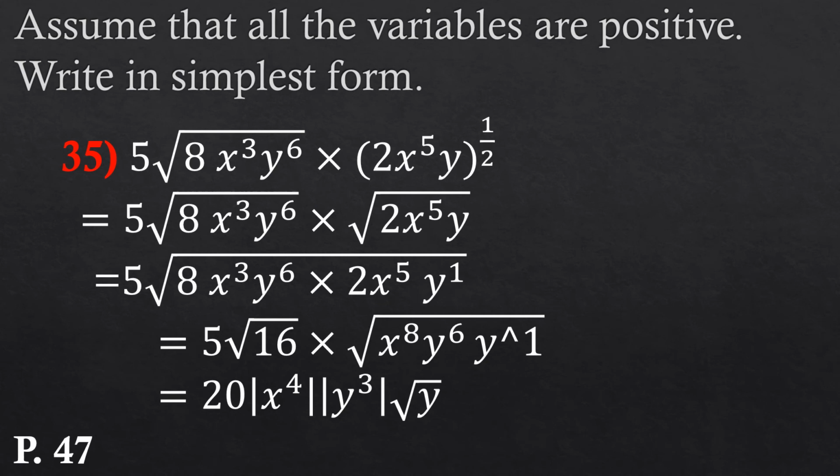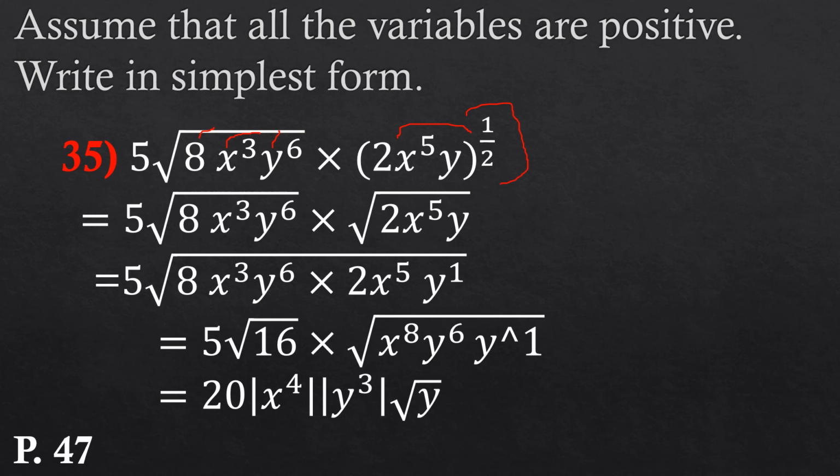Assume that all the variables are positive. Write in simplest form. So here all variables must be positive. Okay, as I'm telling you, always try to make the powers positive numbers. So here we will give the radical sign to all the variables and to all the numbers.